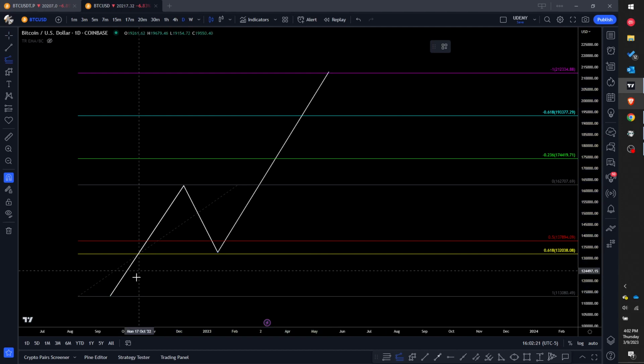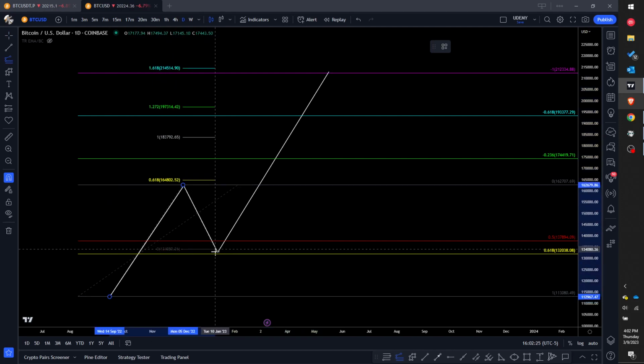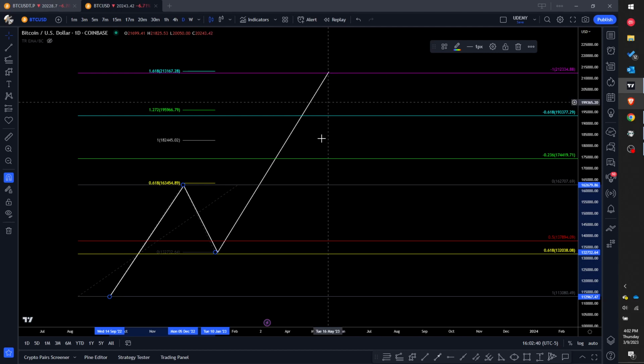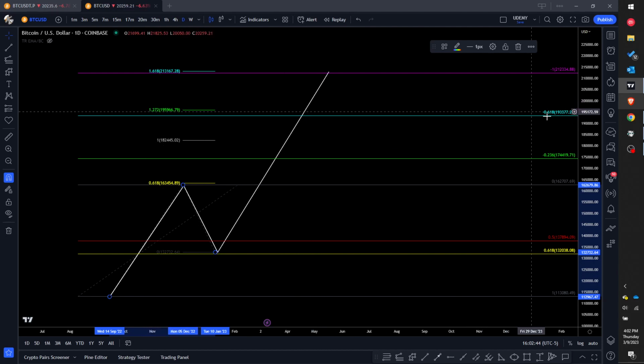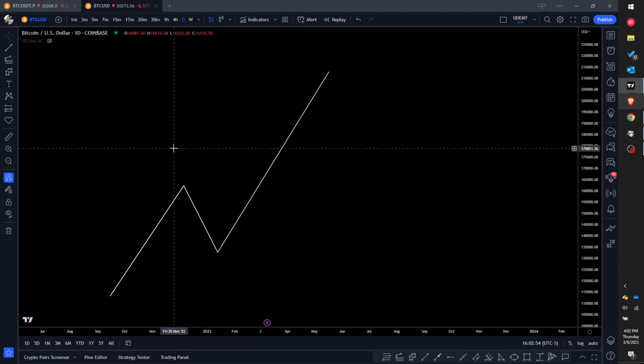If we look at this extension, it's also 1.618, which is typically a place to find a 3-wave ending or a C. The second most common place we find is right here at this 1.272, which, as you see, is also very close to this second target, if you will. So you're trying to build some confidence here.